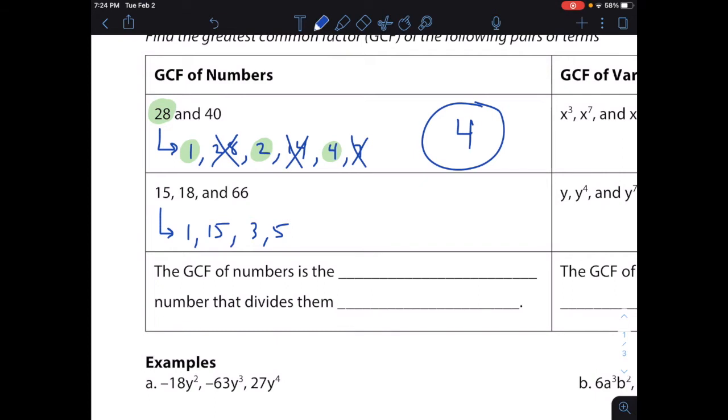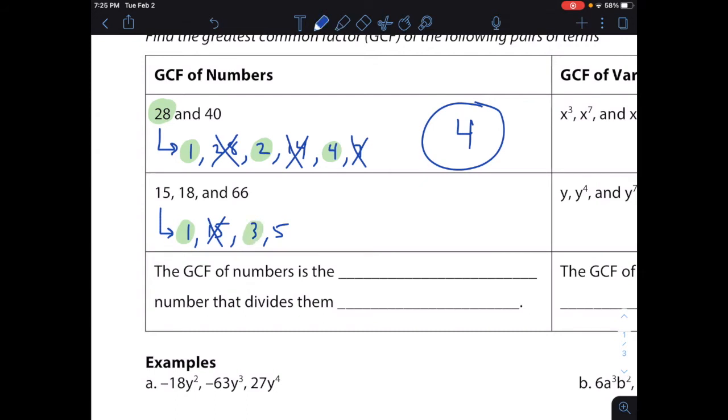So in this case, we have 1, 15, 3, and 5. Now we need to look at 18 and 66 and determine if these numbers go into 18 and 66 evenly. 1 obviously does. 15 does not. 3 goes into 18, and 3 goes into 66, so we can highlight that one. And 5 does not.